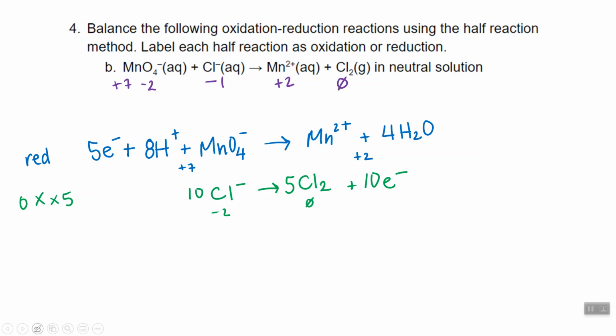So my reduction, I'm going to need to double everything. So 5 electrons becomes 10. 8 hydrogens becomes 16. We need a 2 in front of that guy, a 2 here, and this becomes 8. Okay, so now that we have the same number of electrons on both sides, we can cancel and combine. So I can cancel out these 10 electrons, and there's nothing else for me to cancel out here.